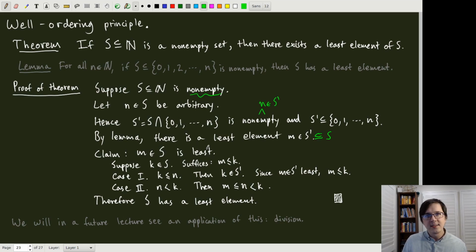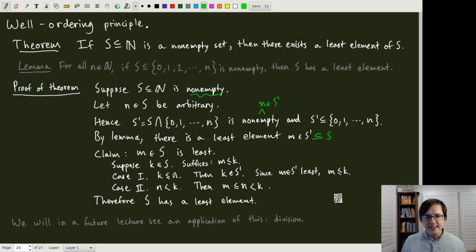The definition of least, remember, is that whenever you have an element K in the set, then that element is at least as large as the supposed least element. So if we show that this is true, then we are good. I'm going to break this into two cases. The cases are whether or not K is less than or equal to n. The second case is just the negation of the first.